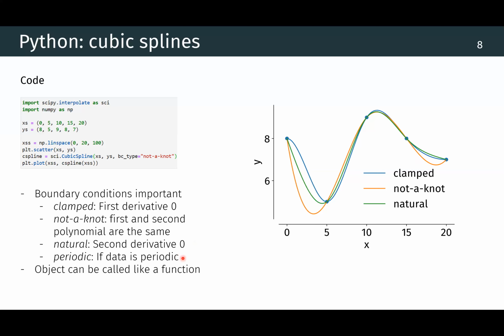If your problem is in fact periodic, so for example, think of a dihedral torsional scan that after a full rotation recovers the same value, and you have 0 to 360 degrees, then you can basically solve this boundary condition problem by enforcing that the left segment to this polynomial is this one, and the right segment to this polynomial is that one. So they're basically connected on a ring.